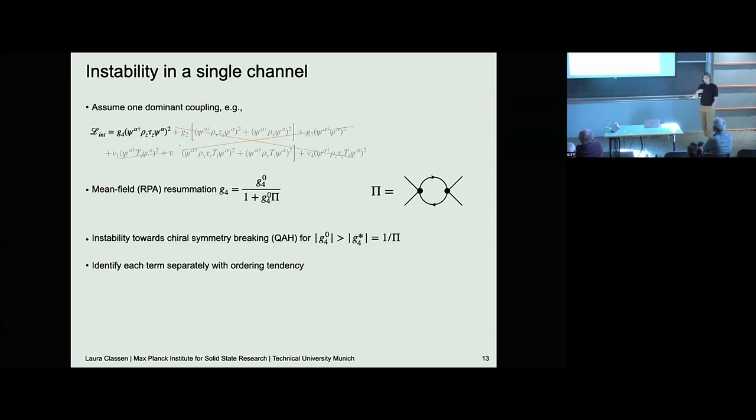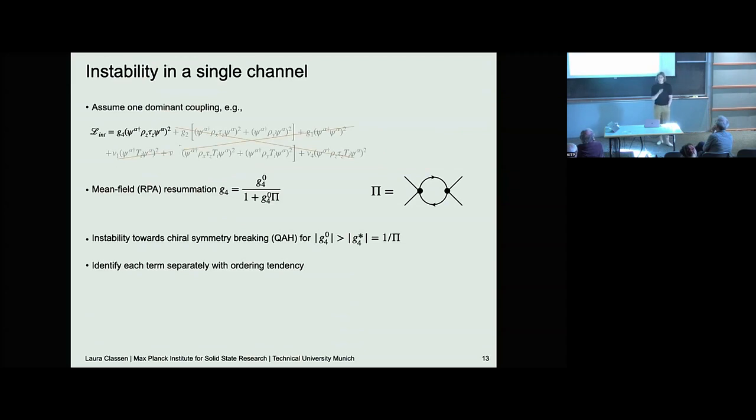And for that to happen, I need to overcome a certain threshold coupling, which is what we saw earlier in the phase diagram. In this particular case, for the G4, the instability is towards chiral symmetry breaking, and in fact, it's towards an interaction-induced quantum anomalous Hall state.